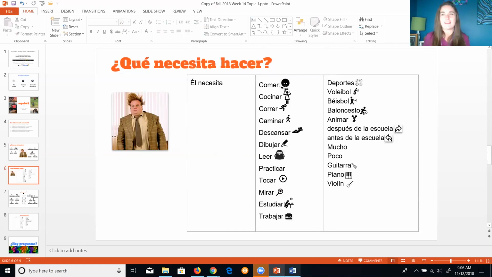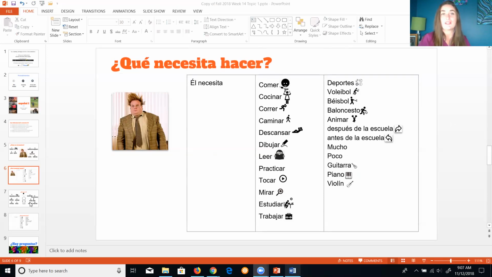He needs to walk. ¿Qué más? What else should he do? Él necesita estudiar. Él necesita correr mucho. Él necesita leer. He needs to read. Very good. I think we all agree he could do a little exercise. It would help him de-stress. Él necesita trabajar. Perfecto. All right. He needs sports. Él necesita deportes. Muy bien. Very good job, y'all.